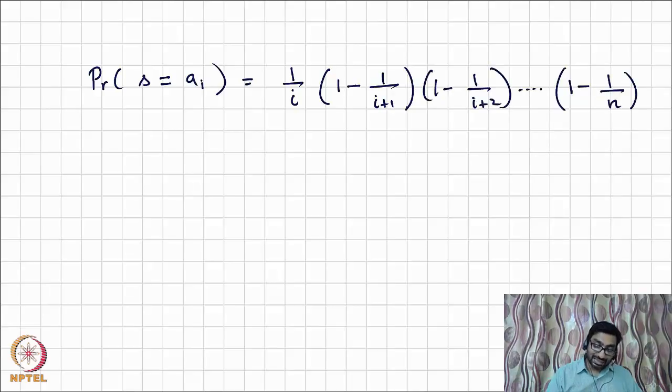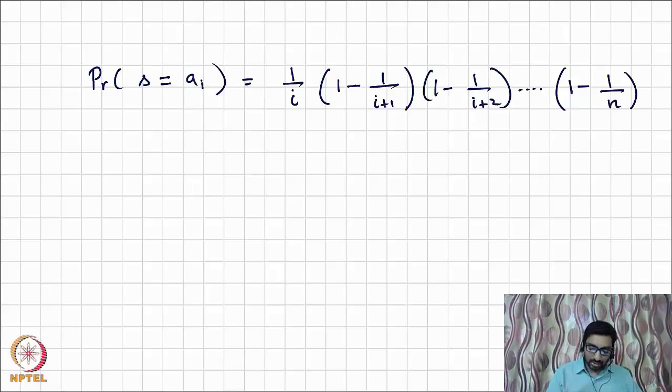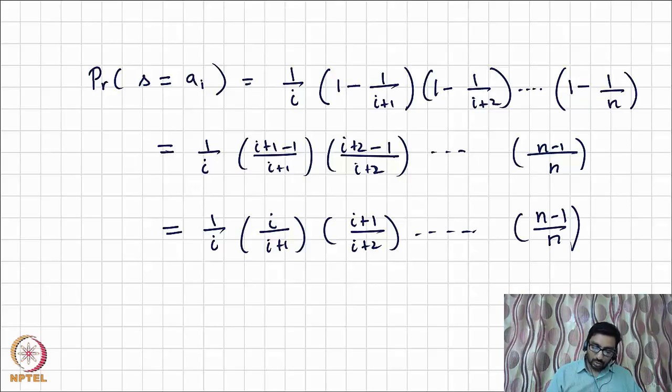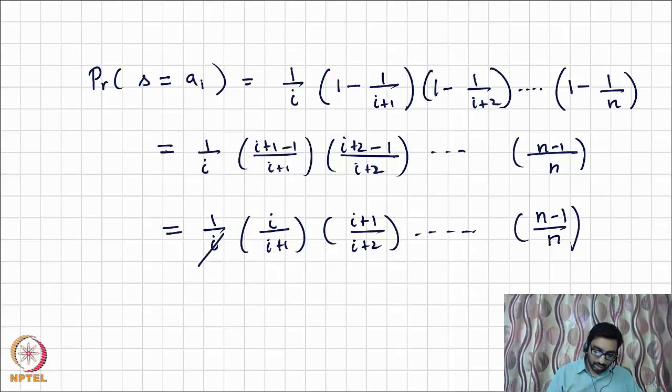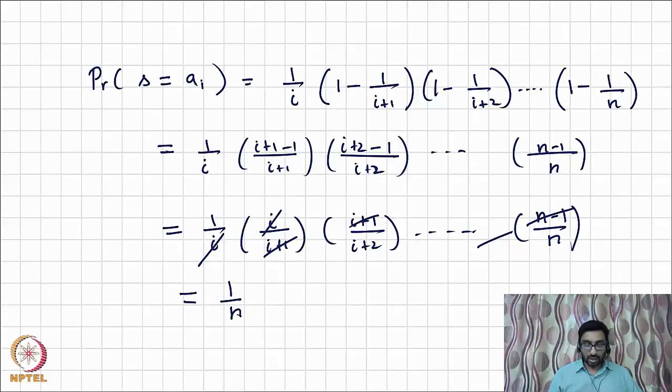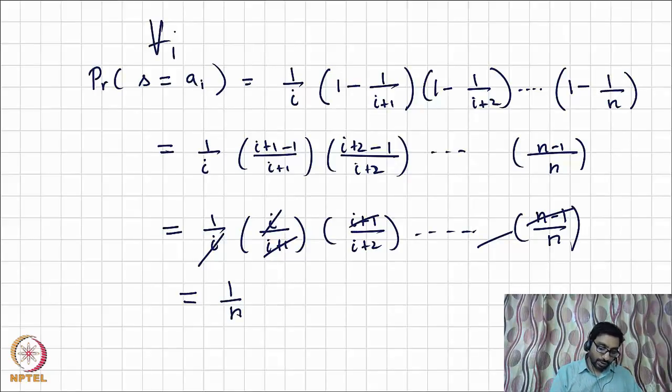We get this sequence of multiplicative terms. So let's see how these multiplicative terms expand out. As it turns out, they have a nice form. When we expand them out, it's a sort of telescoping product, and most of the terms cancel out. And we're finally left with 1 by n. And this is, of course, true for all i, which is exactly what we wanted to prove.